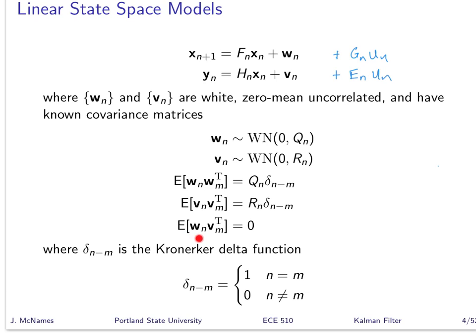I'm also assuming in this formulation, because it's a lot easier to derive, that there's no correlation between the measurement noise and the process noise. When I learned this from Dr. Kailath, it didn't make this assumption, and there is a way of formulating this where you don't have to make that assumption. But in most applications, I think that's true.